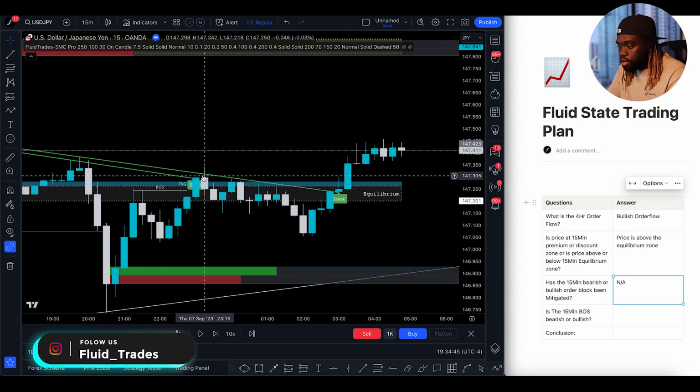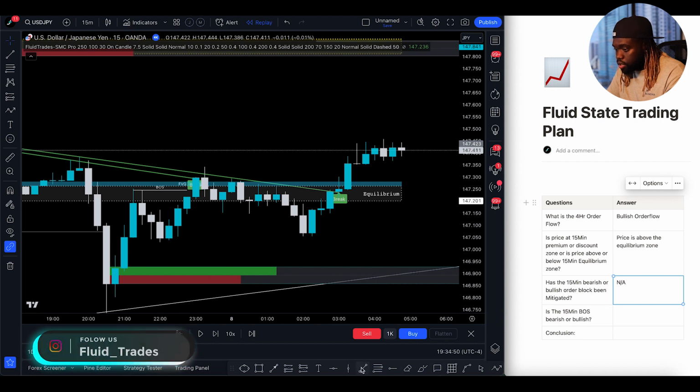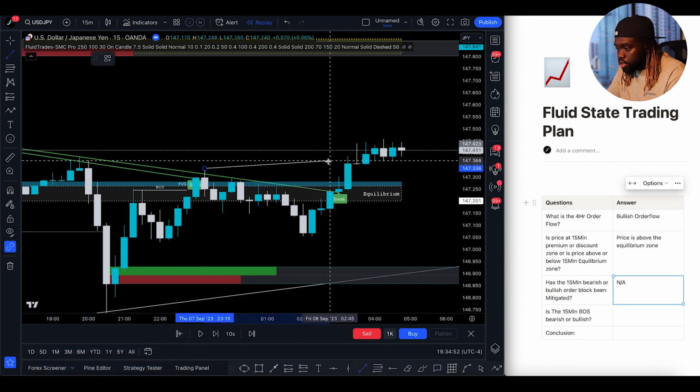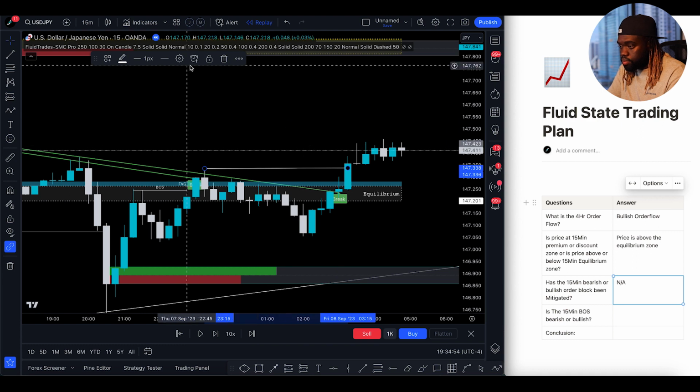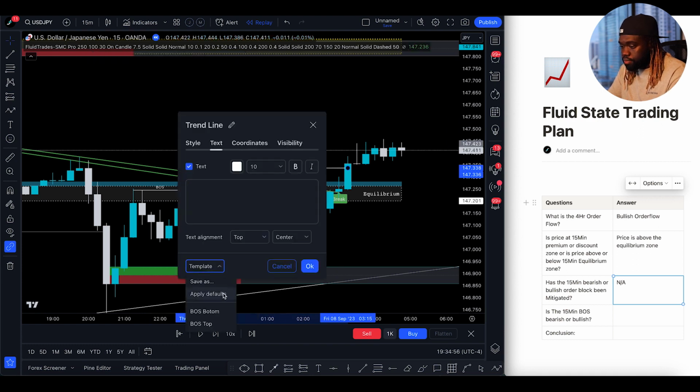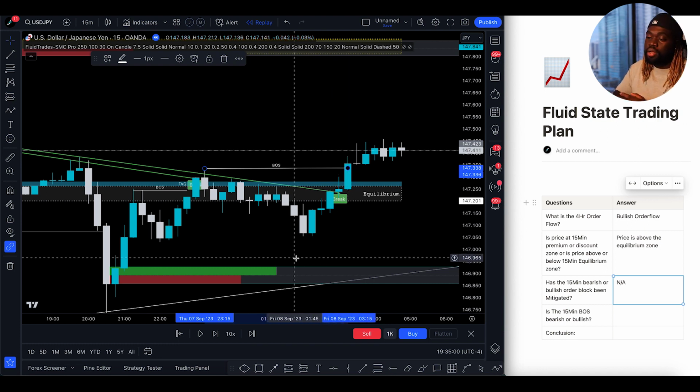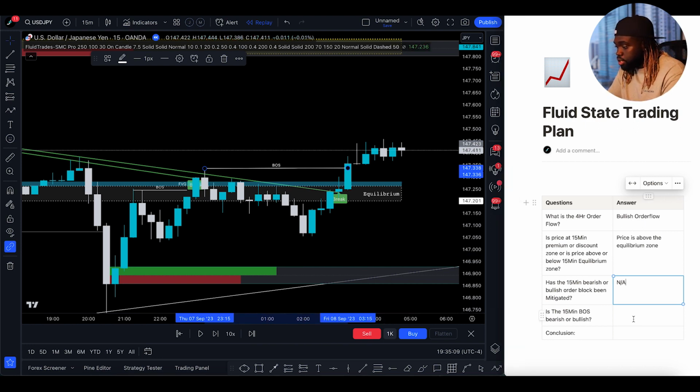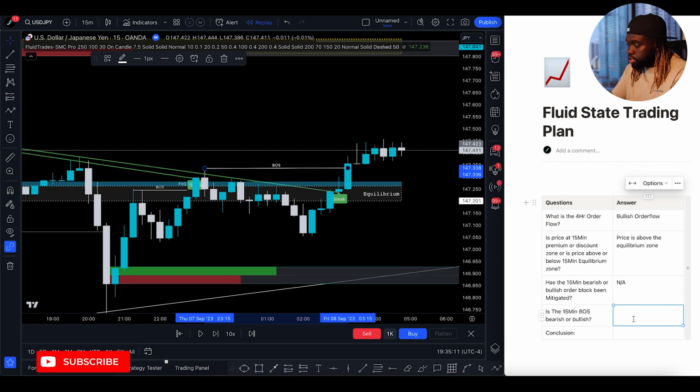And we have another breaker structure towards the upside right here. So now that's a good indication for us that price is bullish and we should be looking for bullish entries. So what we're gonna put: 15-minute breaker structure is bullish.